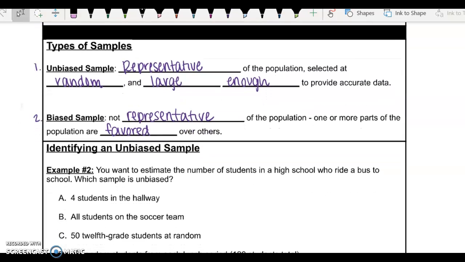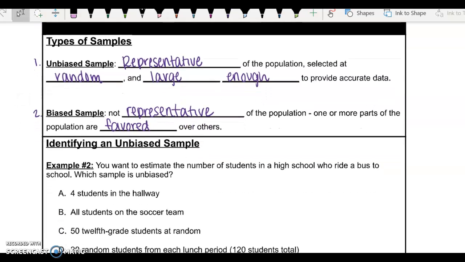So an unbiased sample is what we want. We want it to be unbiased. So maybe put a star next to it, circle it, highlight it, put a little cloud. This is what we want. If it's unbiased, that means that it represents the population as a whole. So with our random sample, when we selected them, we didn't have any knowledge about them.